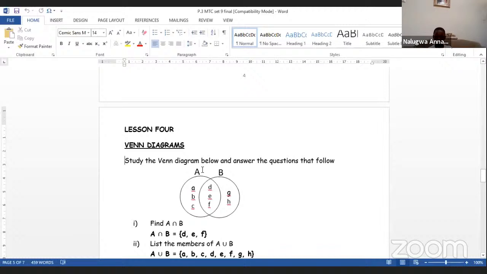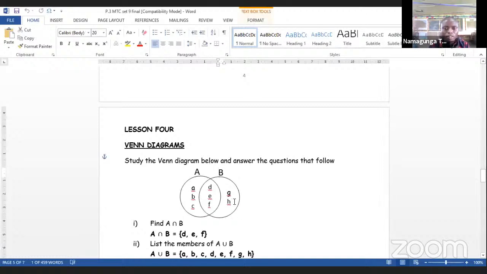So here they have given us our Venn diagram. Here we have set A having A, B, C. These are members of set A. Then we have D, E, F. Then for set B also, set B is passing the whole of this part here.